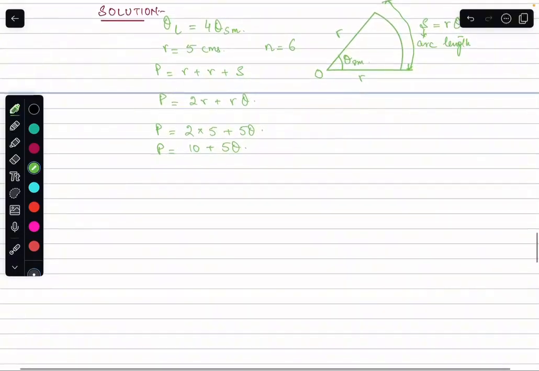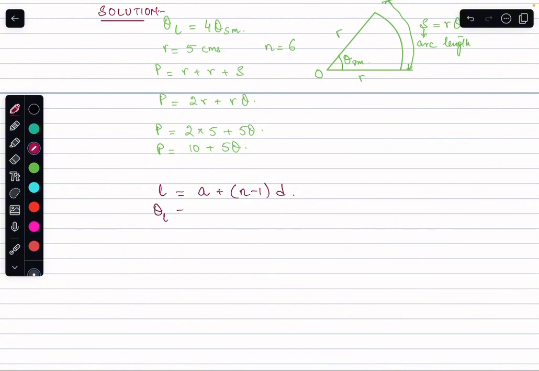Let's use the formula for arithmetic progression, where we say that L, which is the largest sector and the last sector for us, shall be equal to a plus n minus 1 times d. L here is in terms of theta, so we are talking about the largest angle. a is the smallest, plus 6 minus 1 times d here.